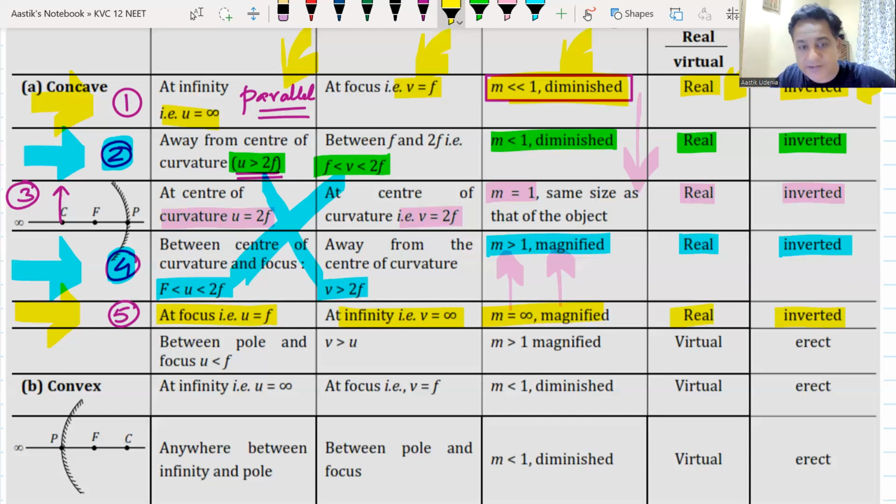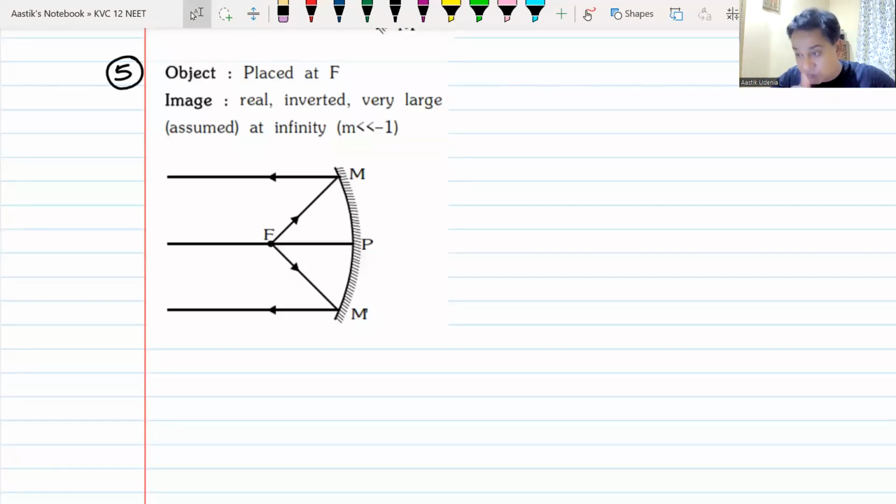Not the next point. I am afraid I have to show you the diagram, and here is the diagram, and you can see this diagram is the exact opposite of diagram number 1. Yes or no? This diagram is exactly opposite to the diagram that we had drawn in case number 1.